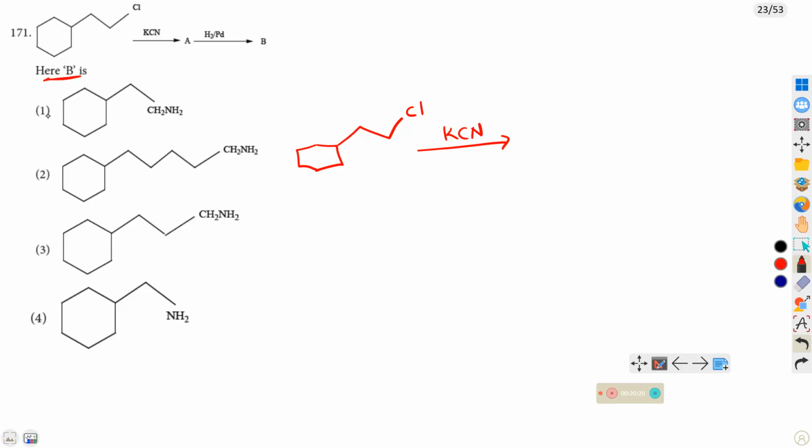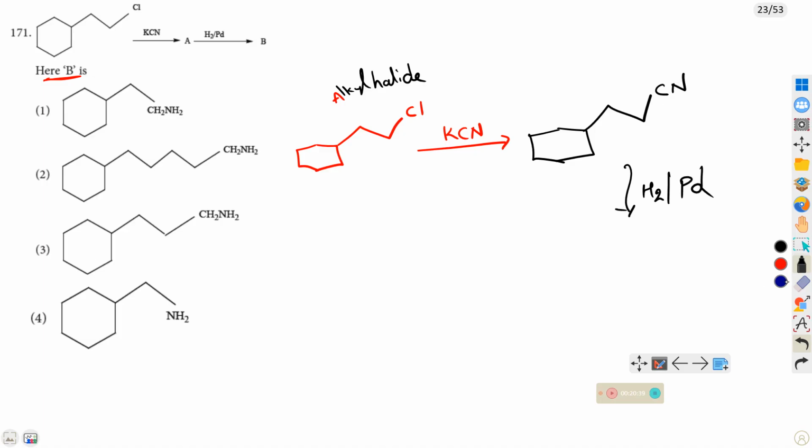Identify B in the reaction. This is alkyl halide. Alkyl halides react with the KCN, then it gives cyanides. Cyanide with H2 by palladium. Which process is this? Reduction process.